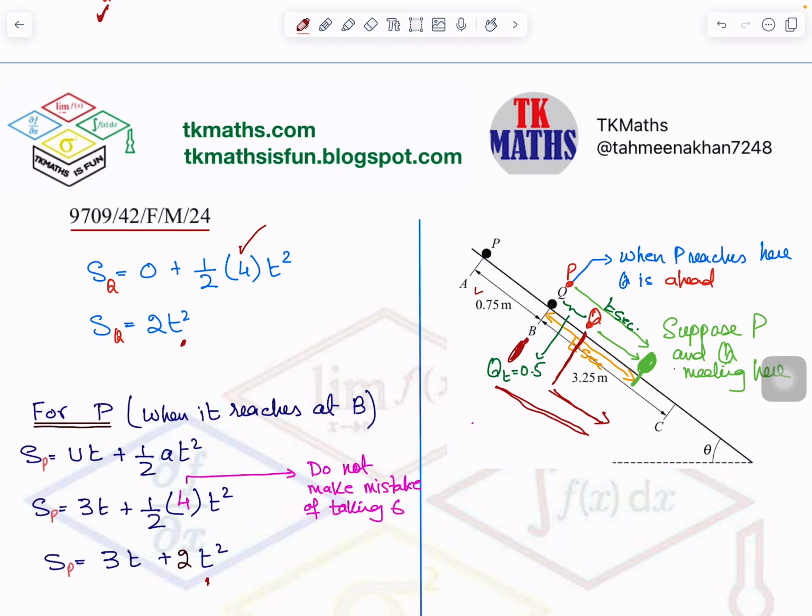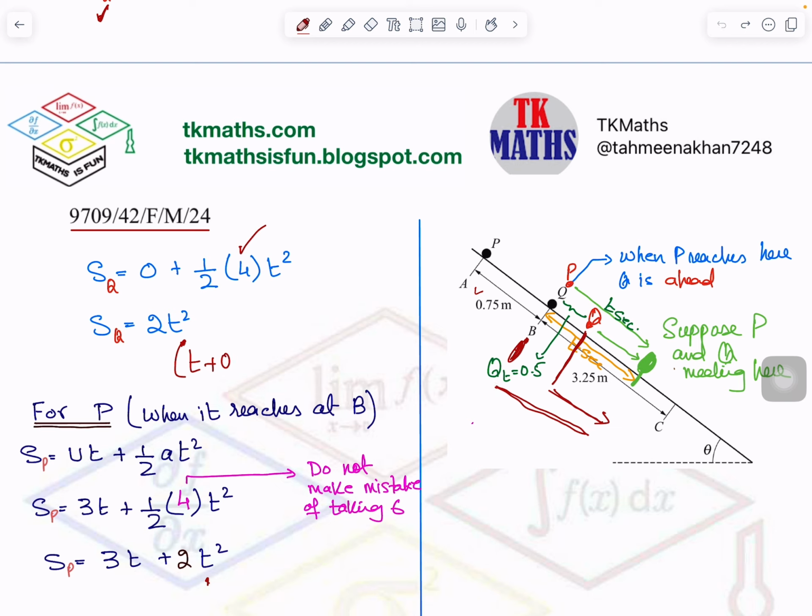So if I'm equating the equation, what should I do? Definitely I should add in Q, T plus 0.5 square. Because with respect to this position, Q has taken this distance and the time was 0.5 more, because Q has taken 0.5 second to come from this point to this position.